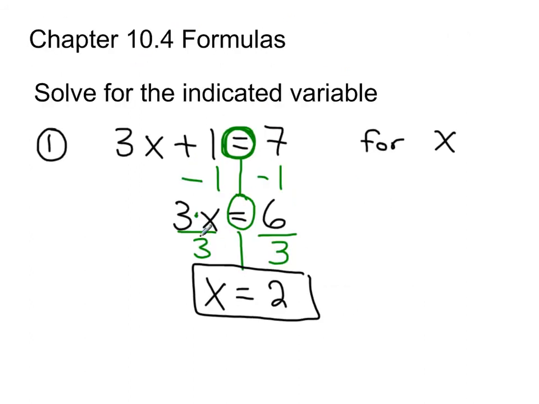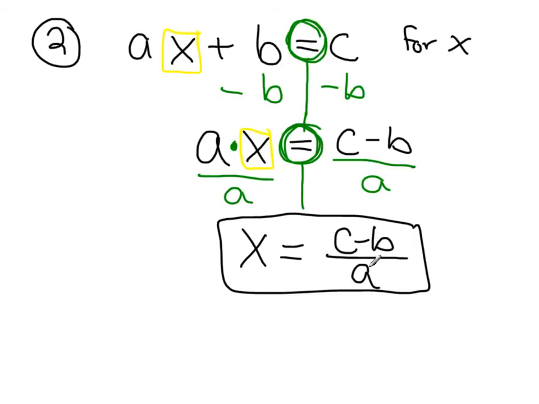But then we had to divide by 3. Well, 6 divided by 3, we actually know how to simplify that. We could work with it, and that's how we got 2. Here, well, first off, we couldn't combine the c minus b, and then we divide by a, which is completely different, and nothing could simplify for us. But we did the same thought process. So let's go ahead and tackle another one, very similar.